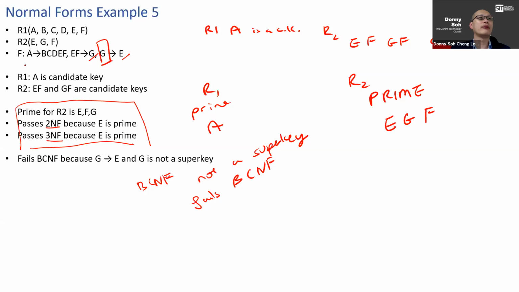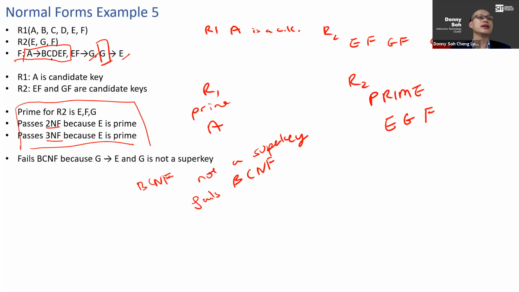Okay, let's look at R1. For R1, it is slightly easier in the sense whereby I only have this one single so-called functional dependency, and so I know that A is a super key, A is a candidate key, and so by default in this scenario, this is in 2NF.